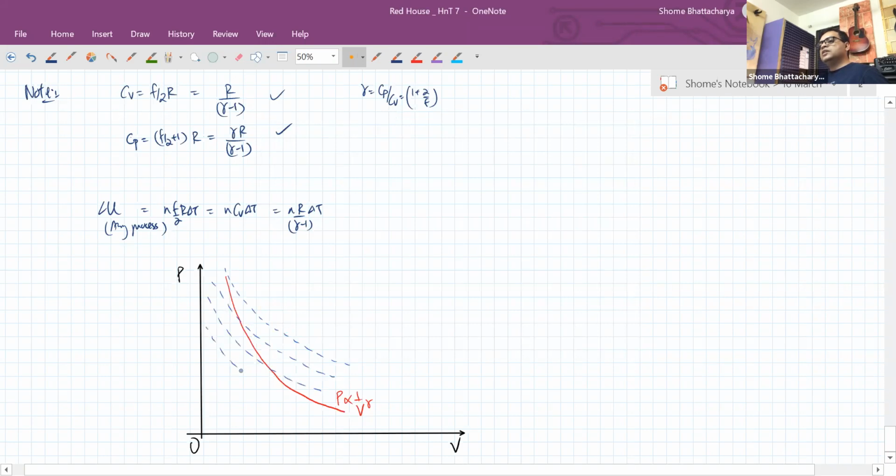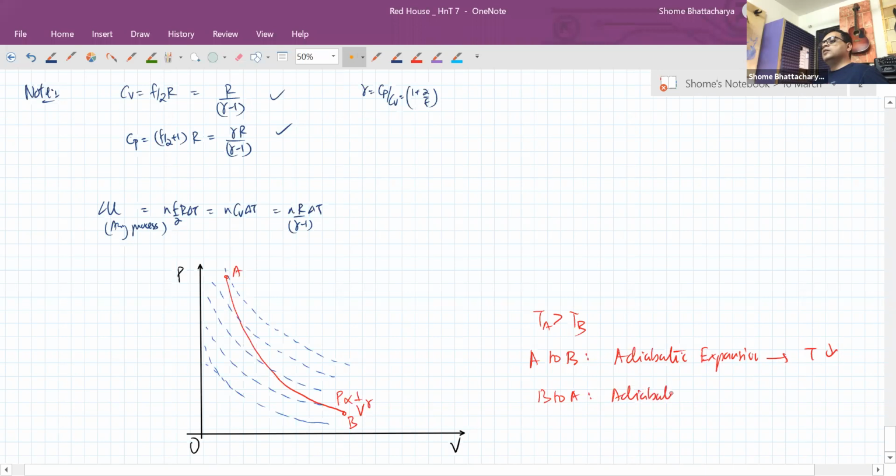If you are undergoing an expansion adiabatically, your temperature is decreasing. This point is A, this point is B. Temperature at A is greater than temperature at B. So A to B is an adiabatic expansion, which results in temperature drop, whereas B to A, adiabatic compression, results in a temperature rise.